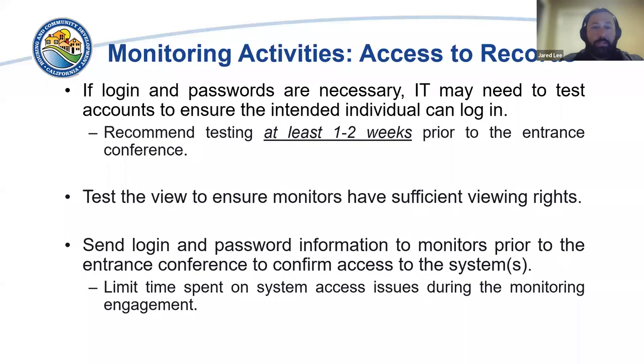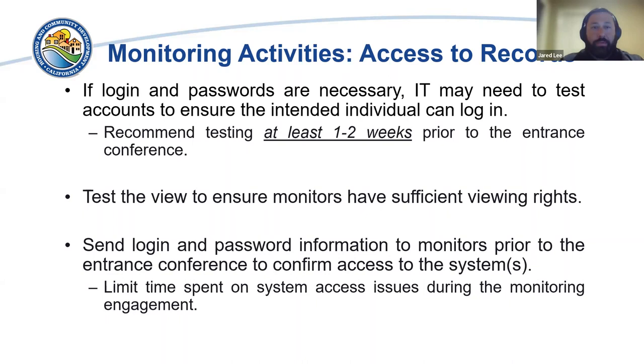So in terms of access to records, this is a piece where I think HCD, in terms of the process and the idea of collecting documents, or ensuring that they have Grants Network set up, available, ready to collect documents for the monitoring review.